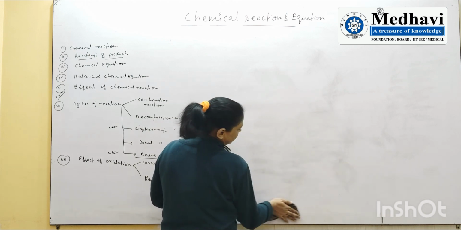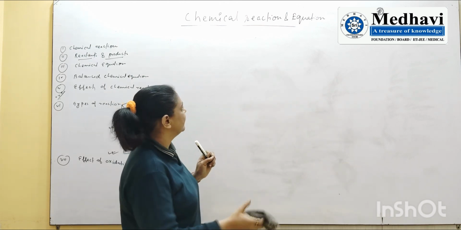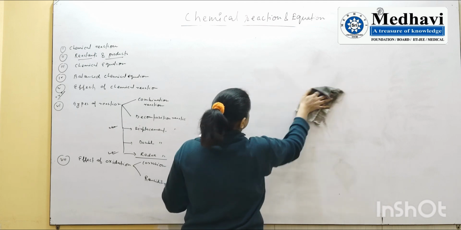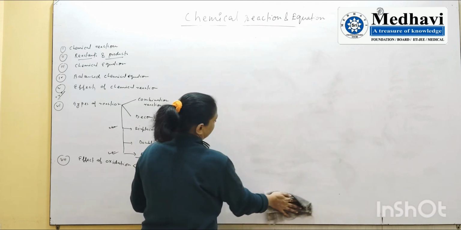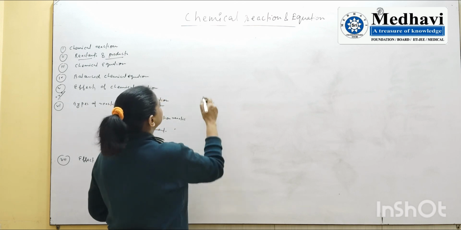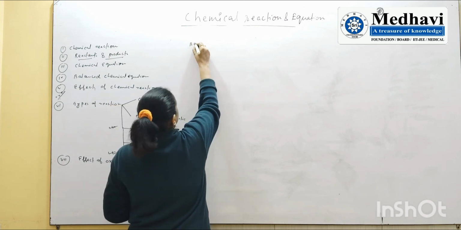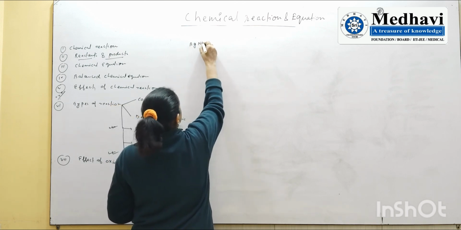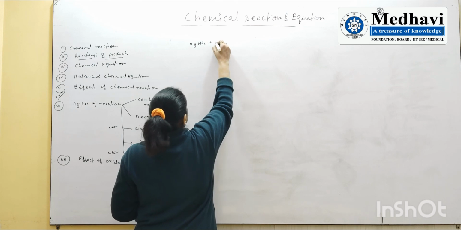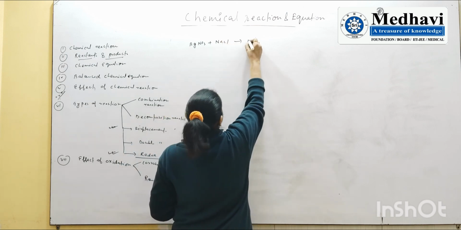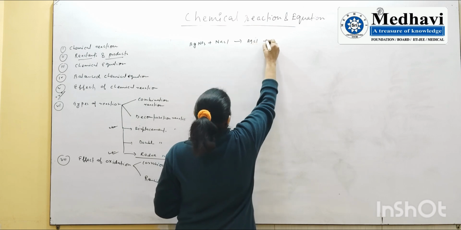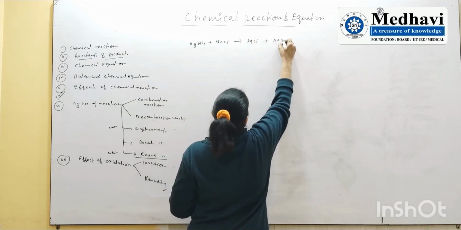In a double decomposition reaction, exchange of ions takes place between the respective compounds. For example, silver nitrate reacts with sodium chloride to give a white precipitate of silver chloride plus sodium nitrate.